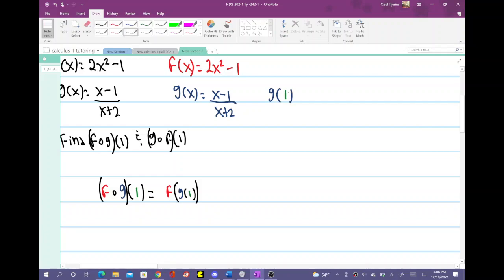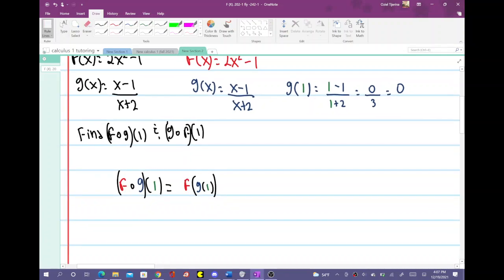So we have g of 1 is equal to 1 minus 1 over 1 plus 2. If we evaluate that, 1 minus 1 is 0, over 1 plus 2, which is 3. So g of 1 is 0, right?